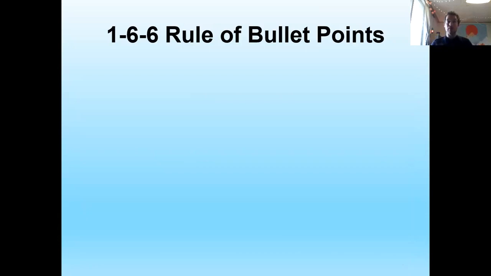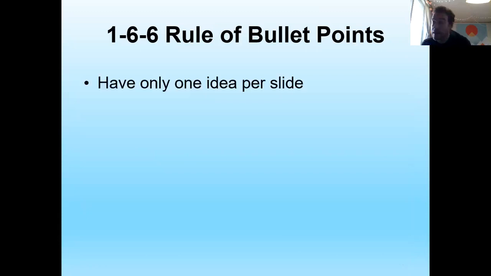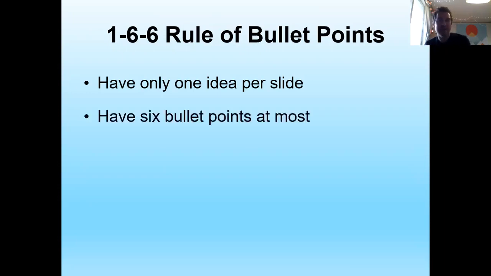Each number refers to something. 1 refers to one slide, one idea. Have only one idea per slide. Don't have multiple ideas on your slide. If you have just one idea per slide, it lets the people in the audience look at your slides and really just focus on that one idea, not get confused. So one idea per slide.